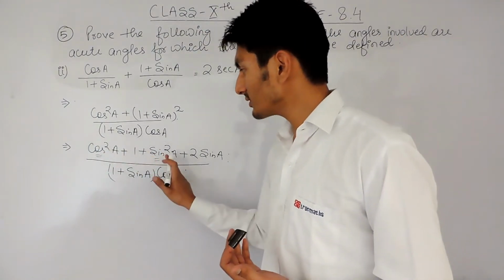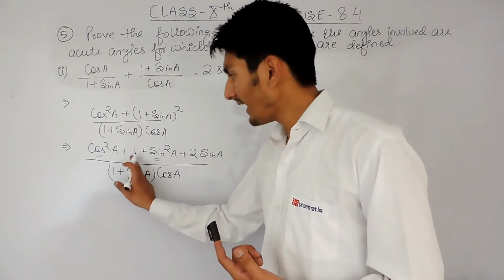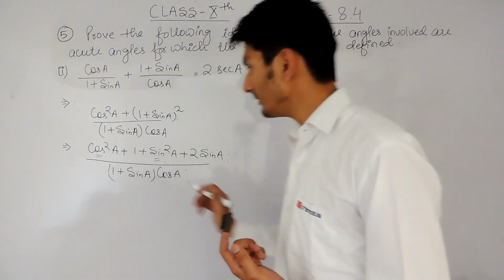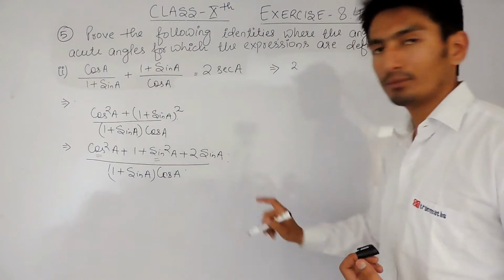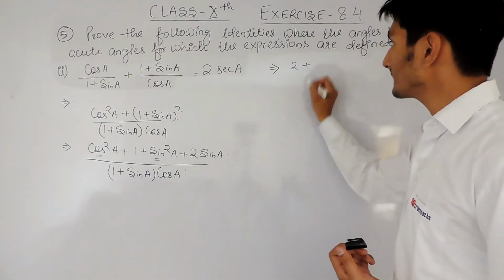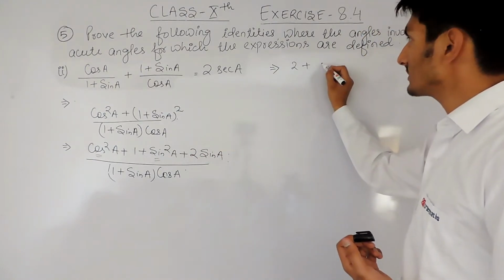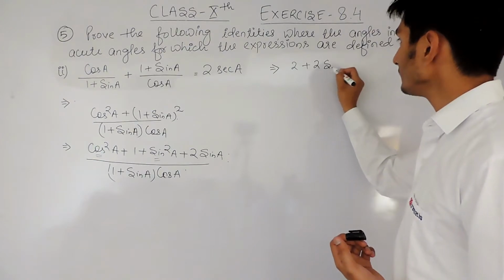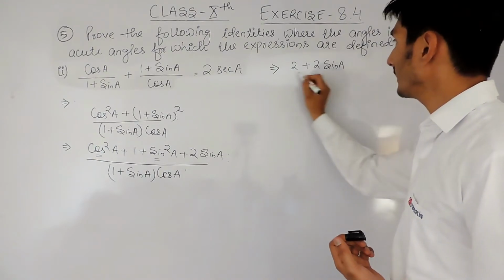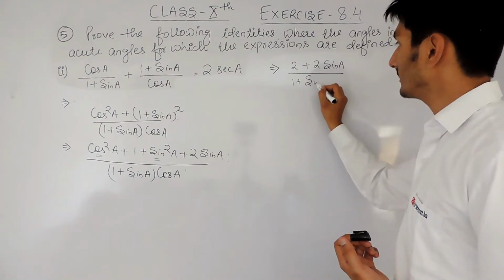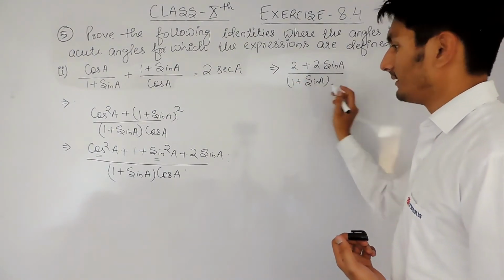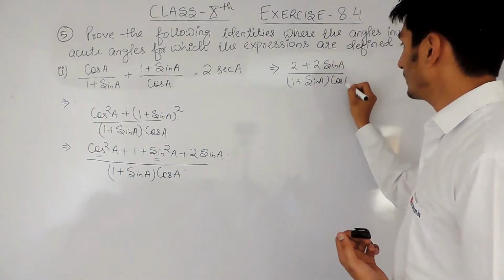So sine square theta plus cos square theta will be 1, and this 1 will become 2, since 1 plus 1 is 2. So 2 plus 2 sine theta, theta here is A, whole upon (1 plus sine A) multiplied by cos A.